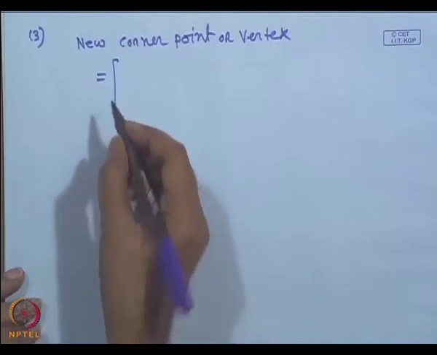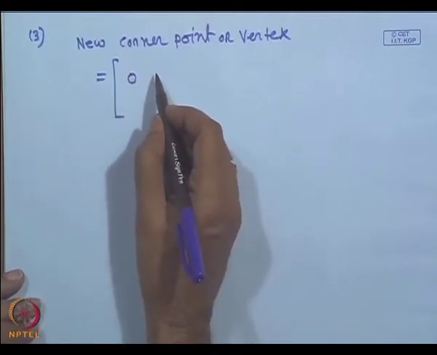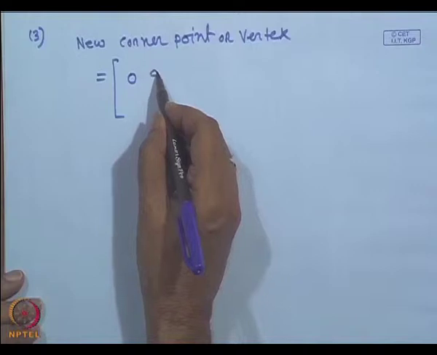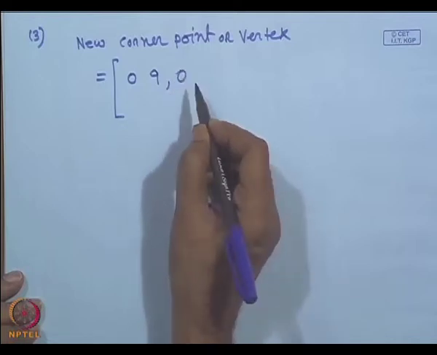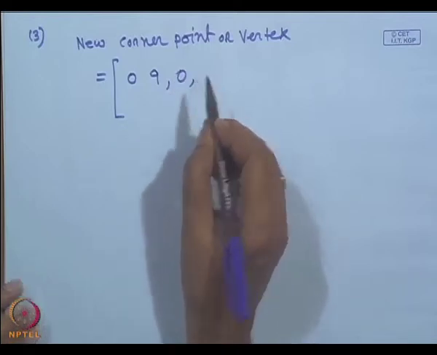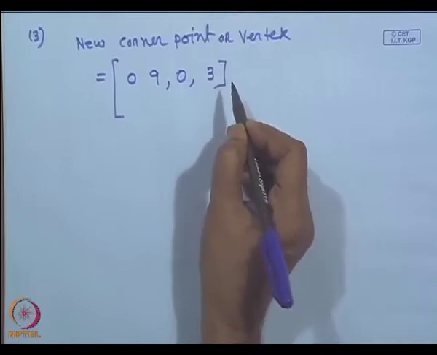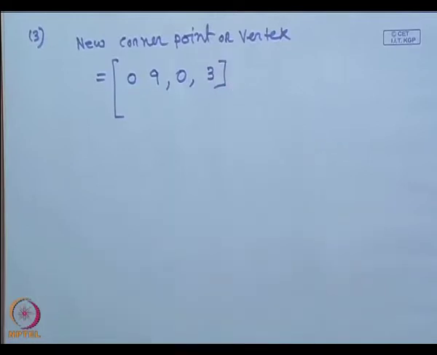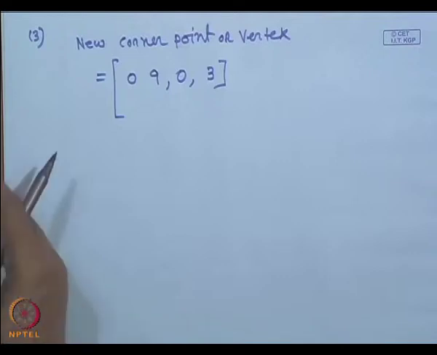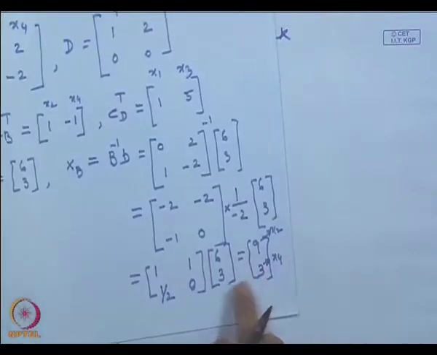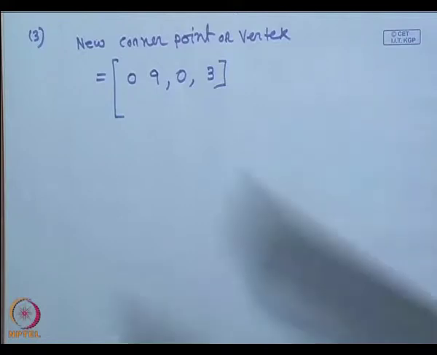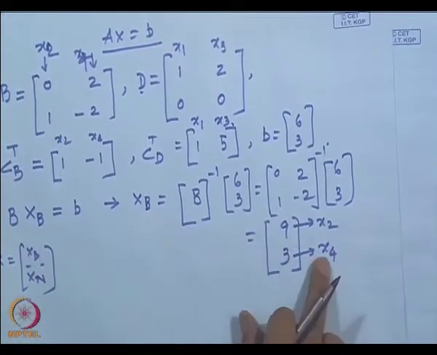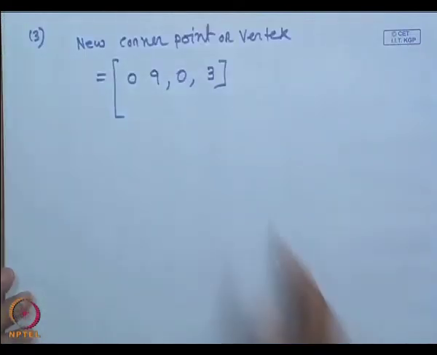So, our new corner vector is 0, then the basic variable x 2 value is 9, then x 3 value is 0 as a non basic variable, and the x 4 value we got is 3. So, this is the new corner point.